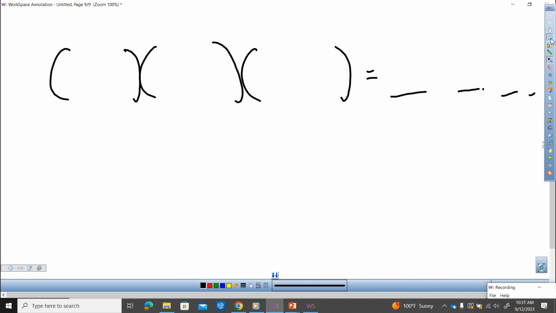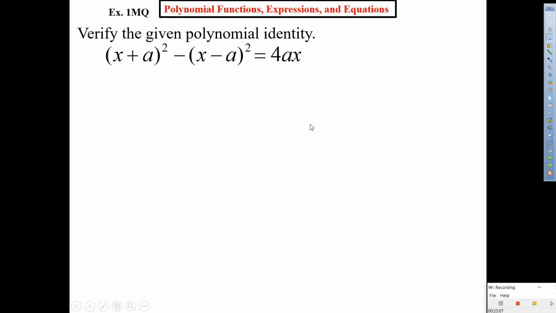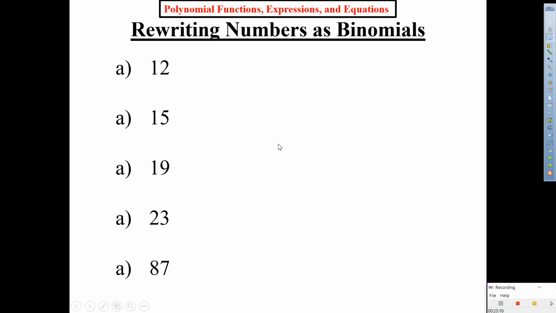All right, enough messing around. Let's go simplify this a little bit more. Here it goes. Use some numbers. Copy this, please. And I want you to write where it says rewrite numbers as binomials, and then copy A. They're all A's? My goodness. A, B, C, D, and E. Change those to different letters.